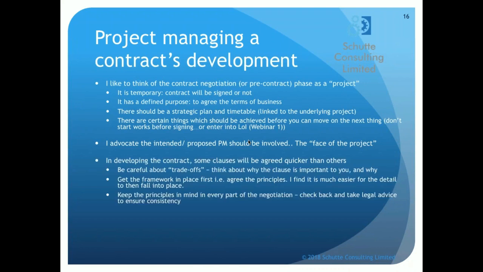And in developing that contract, during that contract negotiation phase, there are going to be some terms, some clauses of the contract which can be agreed quicker than others. It's quite pleasing to think that you've got some clauses agreed and that those can be crossed off the list. Others, of course, are more sticky.